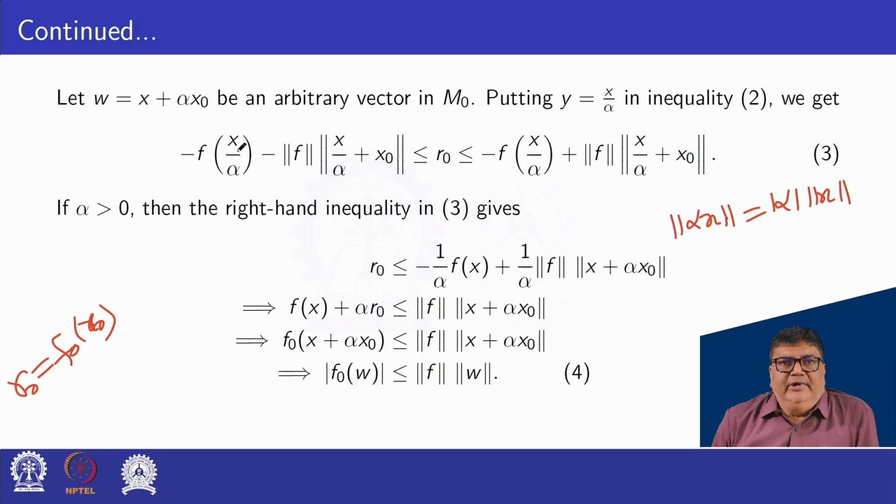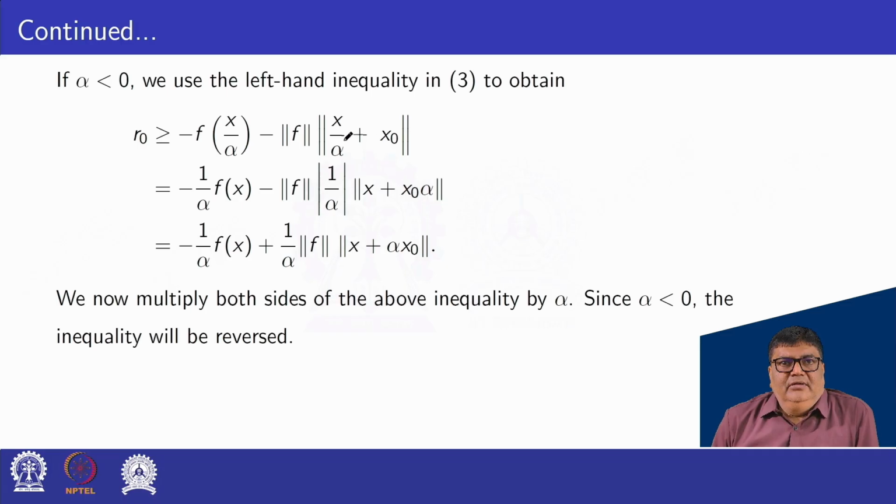If alpha less than 0, we use the left hand inequality in equation 3. R0 greater than minus f of x by alpha minus norm f into norm x by alpha plus x0. Again here f is linear functional, so we can write this as minus 1 by alpha f x minus norm f into mod 1 by alpha into norm x plus x0 alpha. Here mod 1 by alpha, and alpha less than 0, so value of this is minus 1 by alpha.